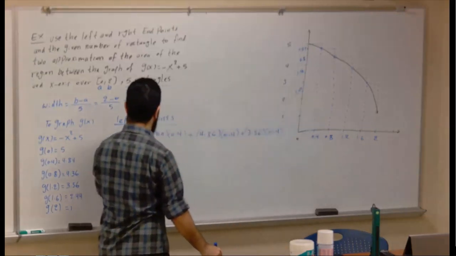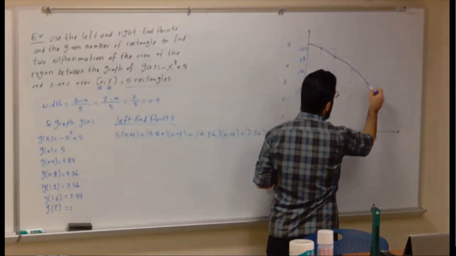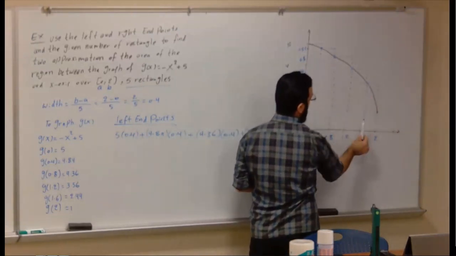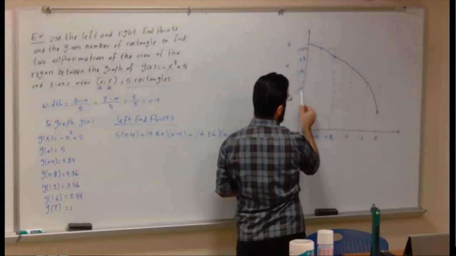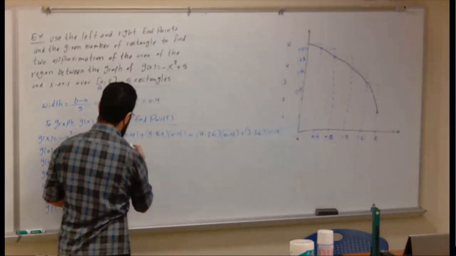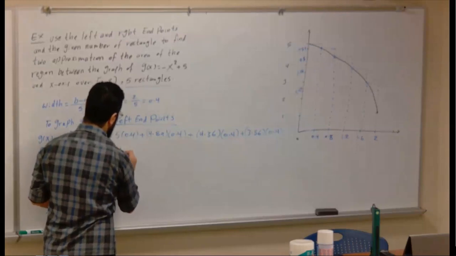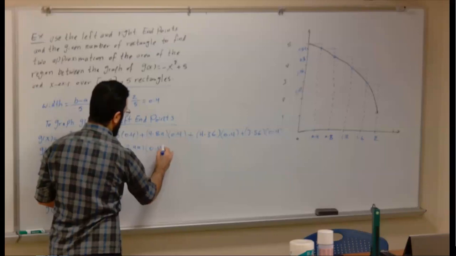So we have 1, 2, 3, 4. The length for the last rectangle is going to be here, 2.44, so plus 2.44 times 0.4.